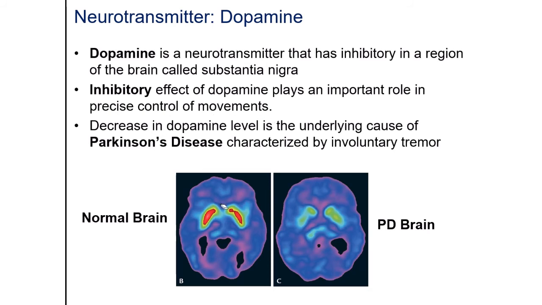Okay, so by suppressing the substantia nigra, you can inhibit unwanted movements, and that's important when you want to have very precise fine control for, say, writing.